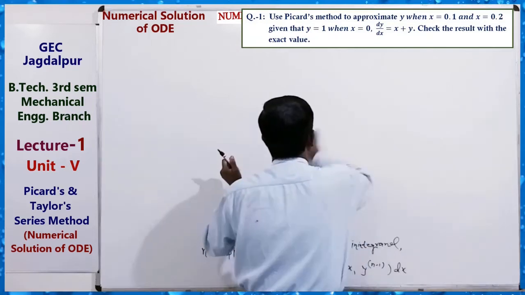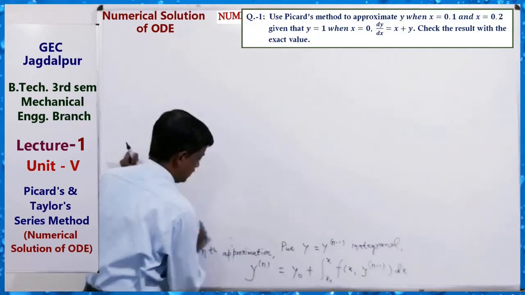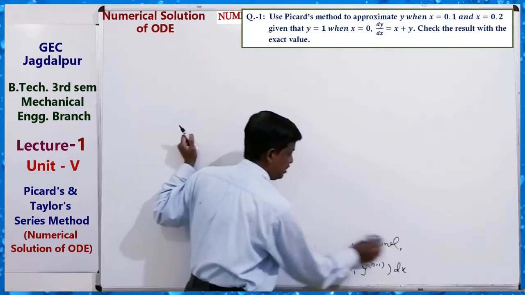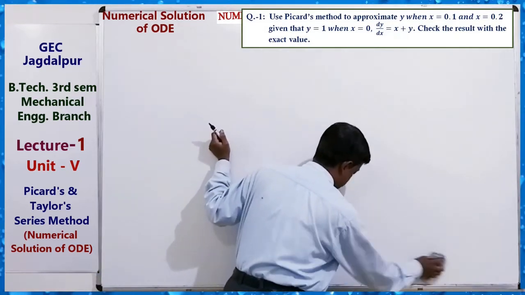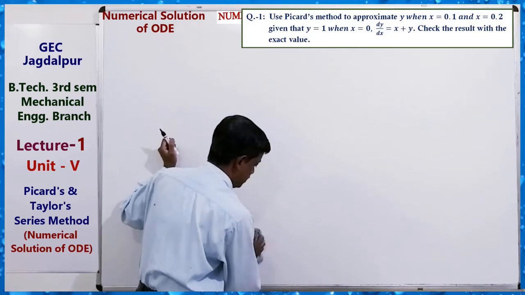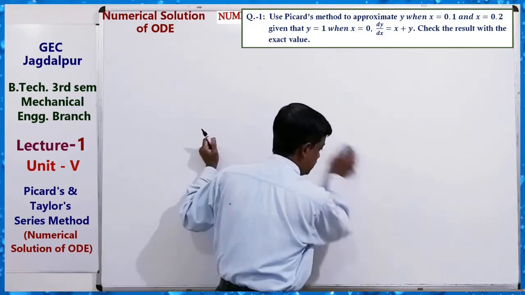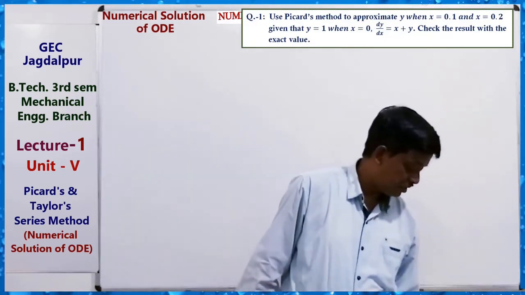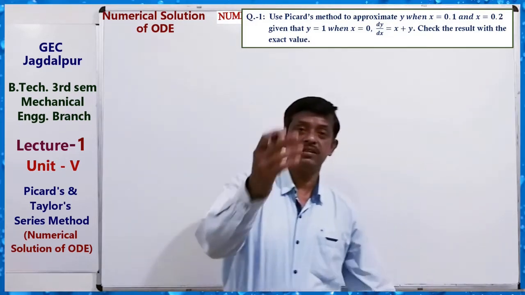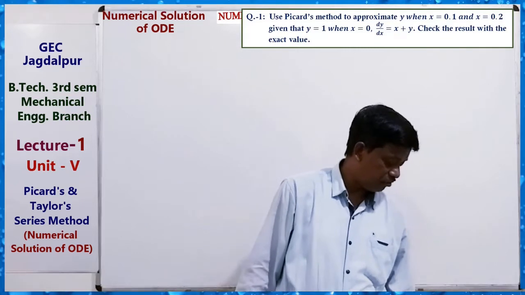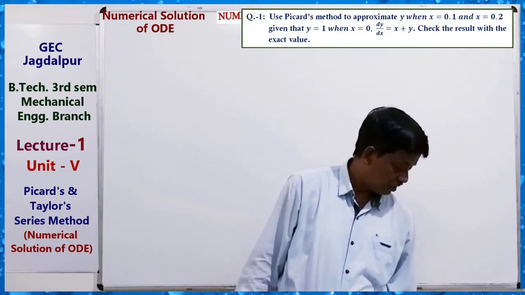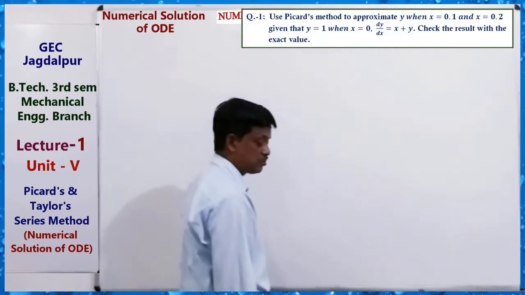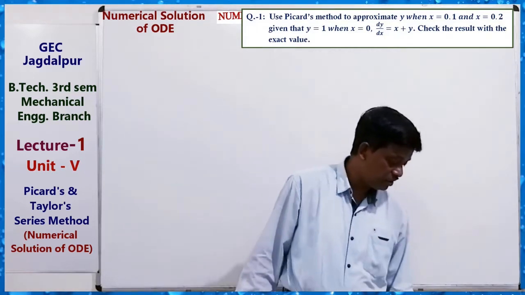So here take an example for Picard's method. Approximate the value of y when x equals 0.1 and 0.2, given that y equals 1 when x equals 0, dy/dx equals x plus y, and check the result with the exact value.